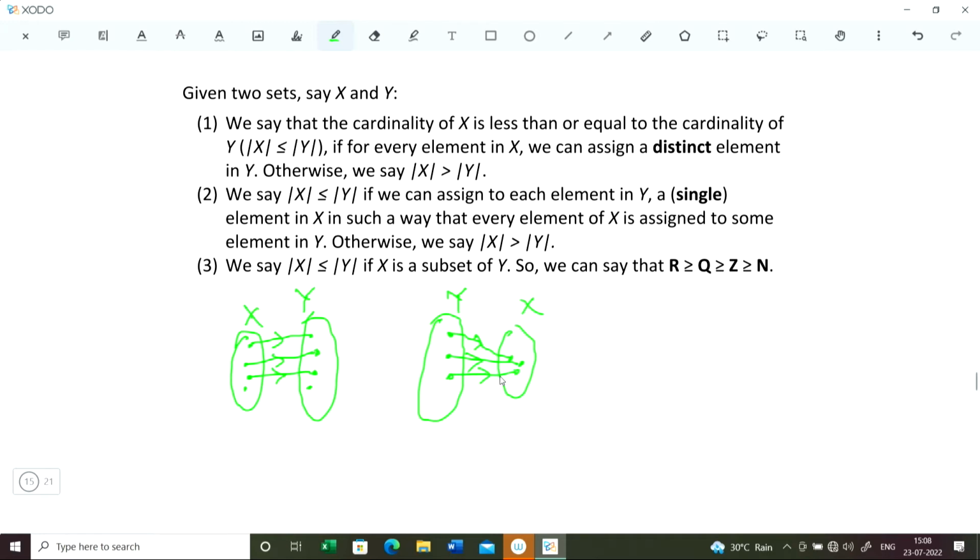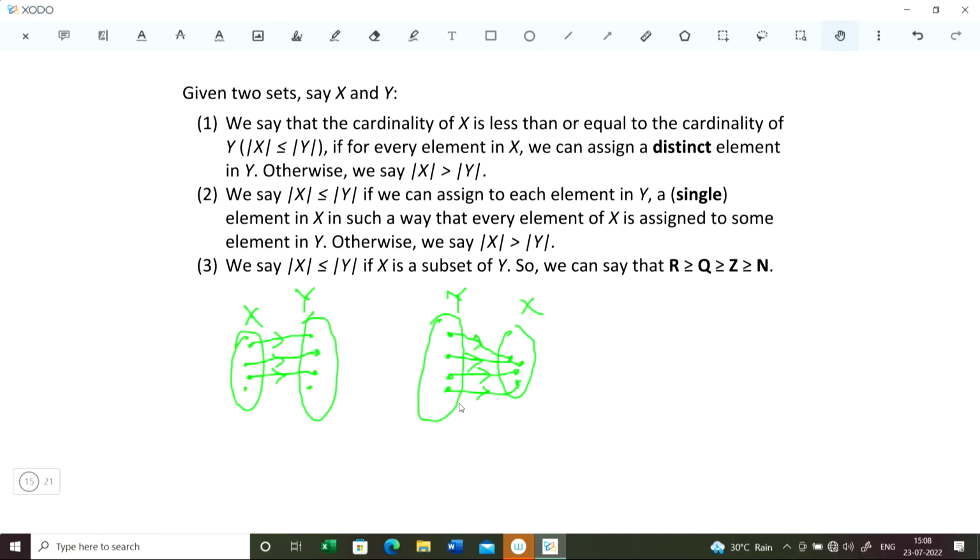What do we need to make sure so that the cardinality of Y is greater than that of X? We need to make sure that all the elements of X are covered by this assignment, right? You can visualize it as the elements of Y trying to make friends with the elements of X, where one person here talks to a unique person there, in such a way that at last no person in X feels lonely, right?